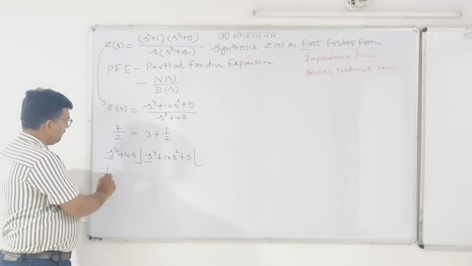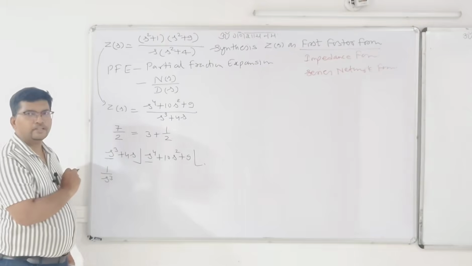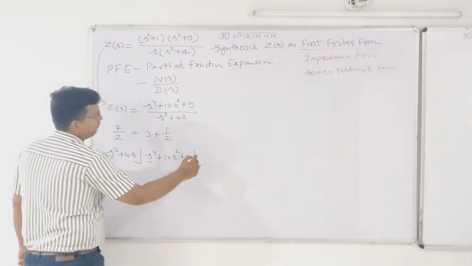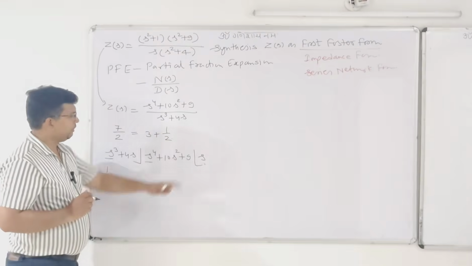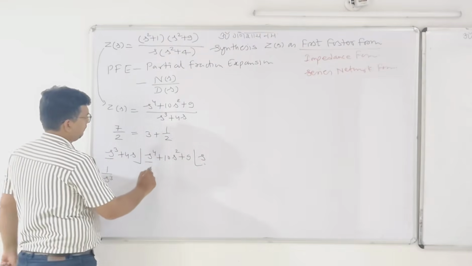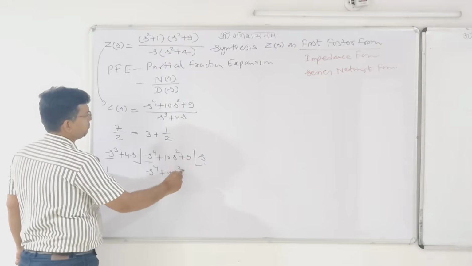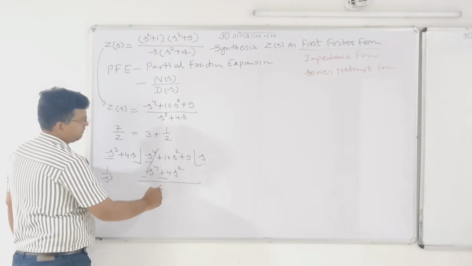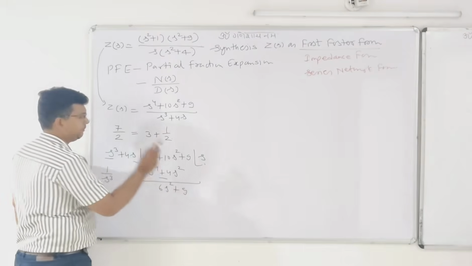So we will invert them: 1 upon s^3, and multiply by s^4. So what will be the quotient? s. Once we get this quotient, we will multiply the whole term. We get s^4 + 4s^2. Change the sign. Now this becomes 6s^2 + 9.